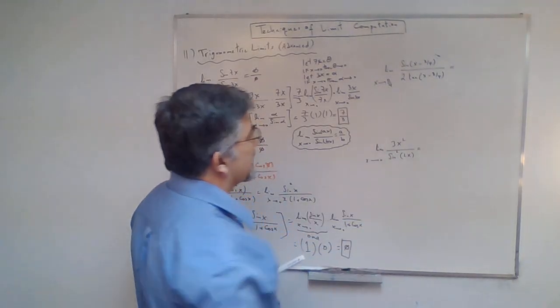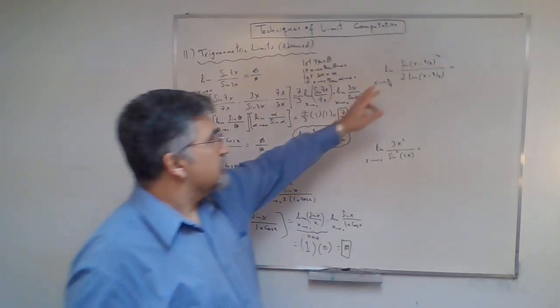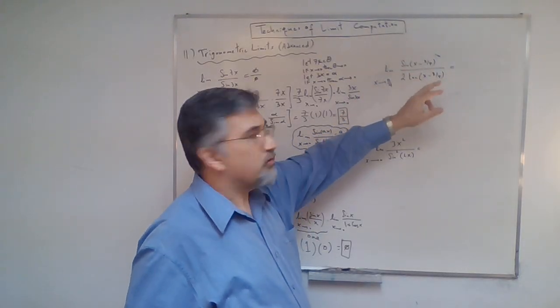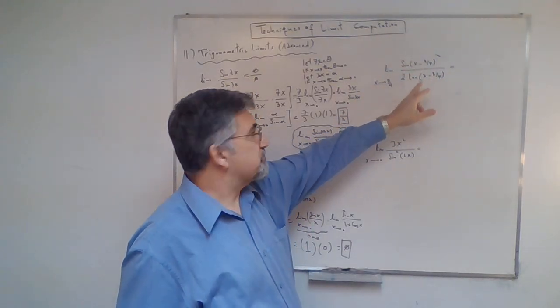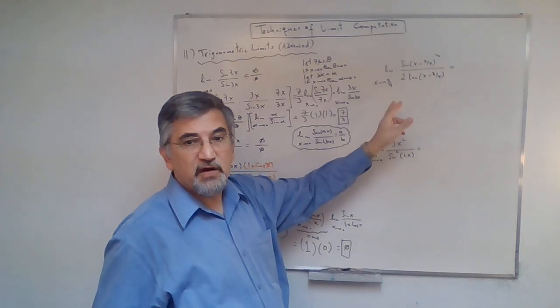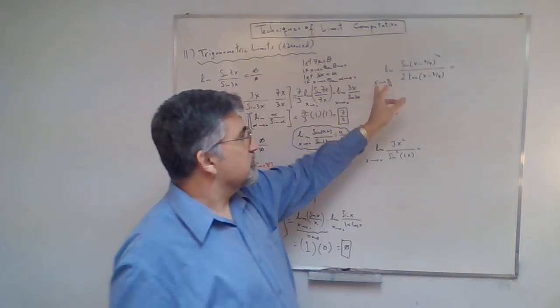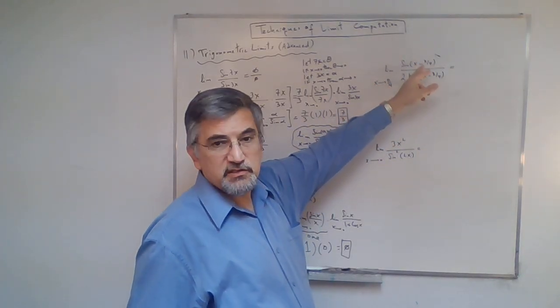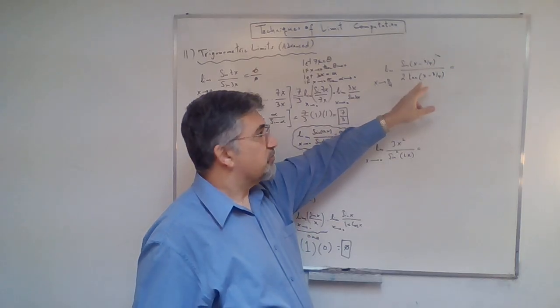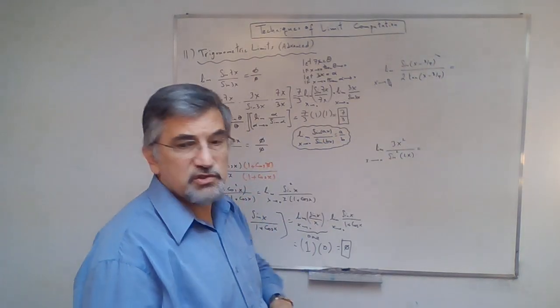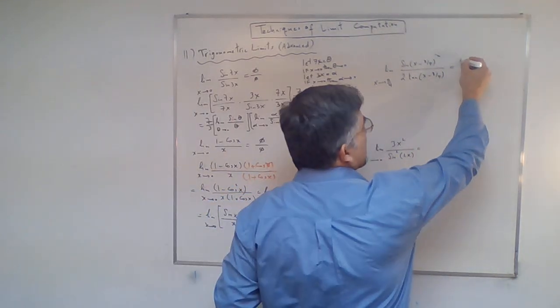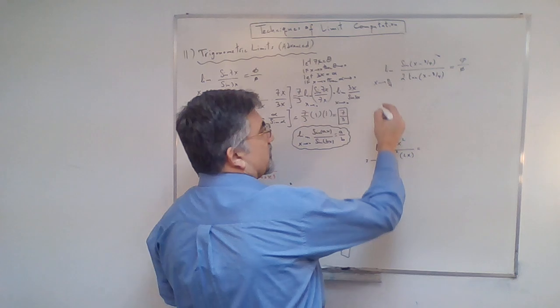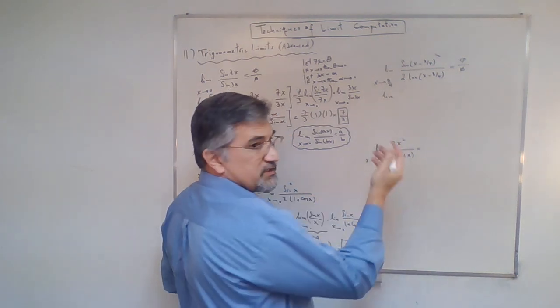Going to the next question, moving on. Limit of sine of x minus pi over 4 over 2 times tangent of x minus pi over 4 when x approaches pi over 4 is what? Well, if x approaches pi over 4, the top is going to be approaching sine of 0. The bottom approaches tangent of 0, which is 0. So this is, again, indeterminate form. So what we're going to do, we're going to use trig identities again.